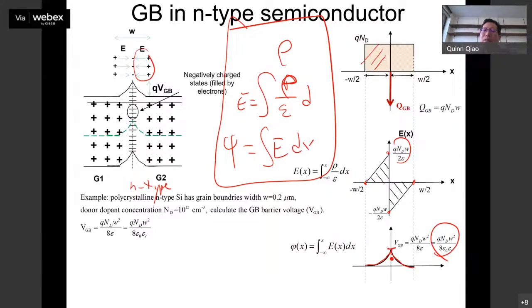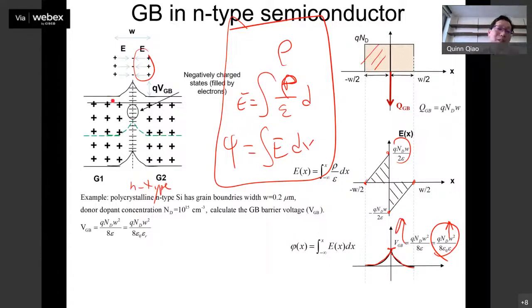So from here you can see, if you trap more electrons, that's basically N_D being high. N_D basically tells you the trapped electrons at the grain boundaries. If N_D goes higher, you know you have more trapped electrons, and then V_GB will be higher. That blocks your electron or hole transport.